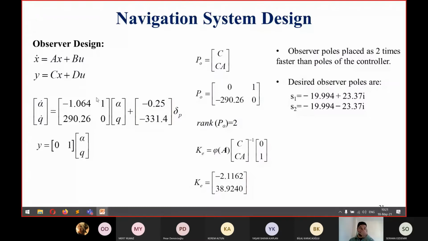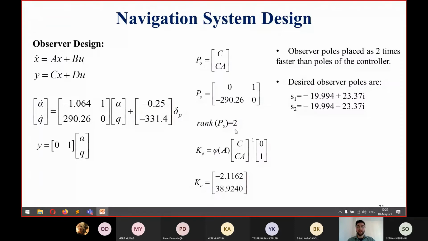However, in my state space model, I have a 2 by 2 C matrix, and the inverse of this observability matrix does not exist because the observability matrix does not become a square matrix. Therefore, I use only the pitch rate output for the observer design, and I check the observability of the system again.